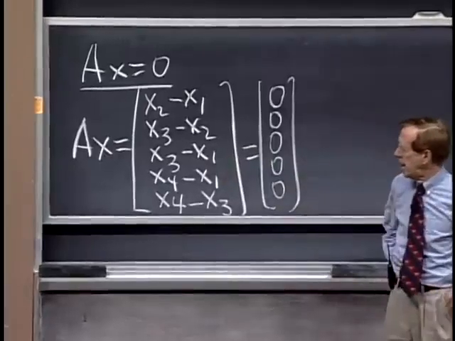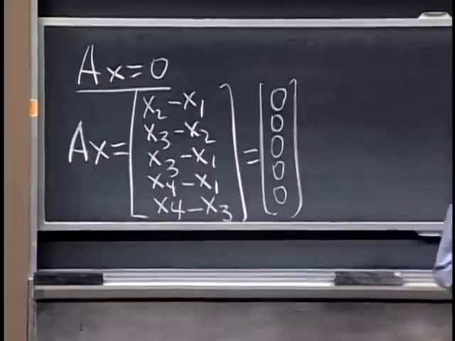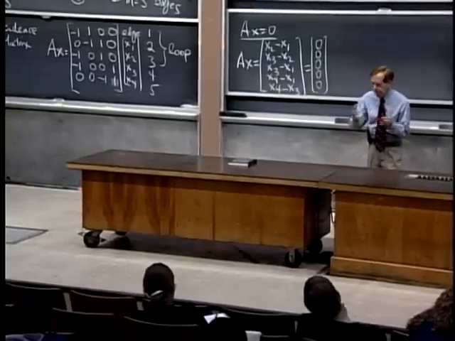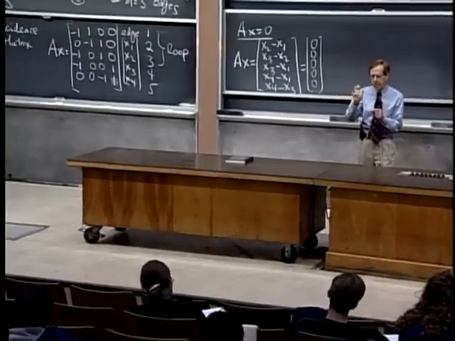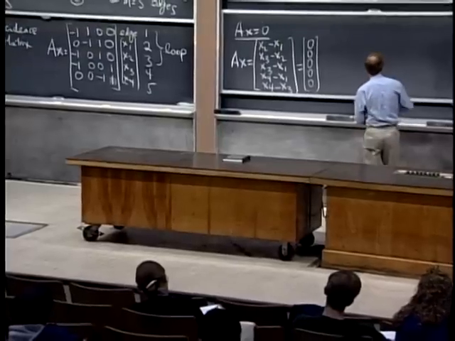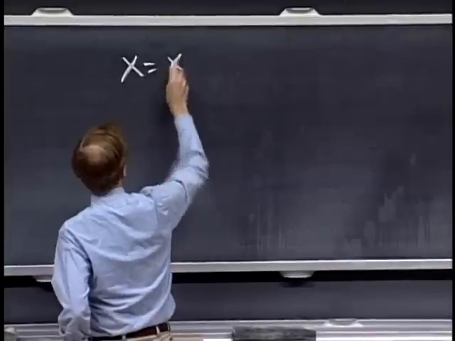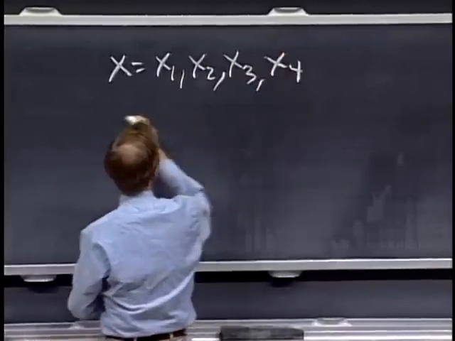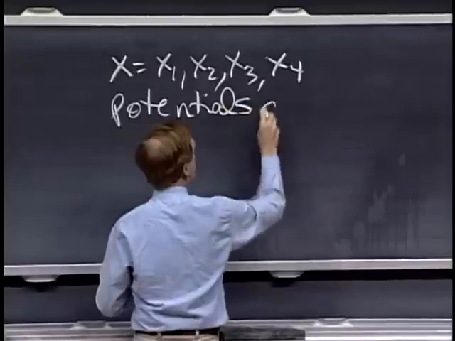This is my equation, Ax equals 0. Notice what that matrix A is doing. We've created a matrix that computes the differences across every edge. The differences in potential. Let me even begin to give this interpretation. I'm going to think of this vector x, which is x1, x2, x3, x4, as the potentials at the nodes. So I'm introducing a word, potentials at the nodes.